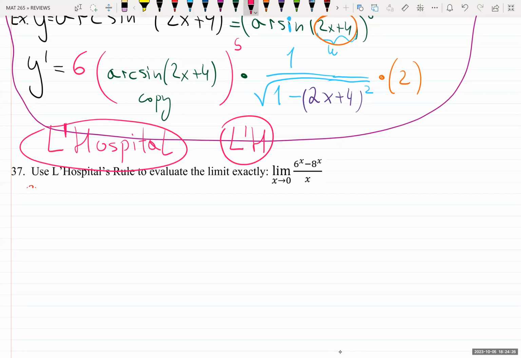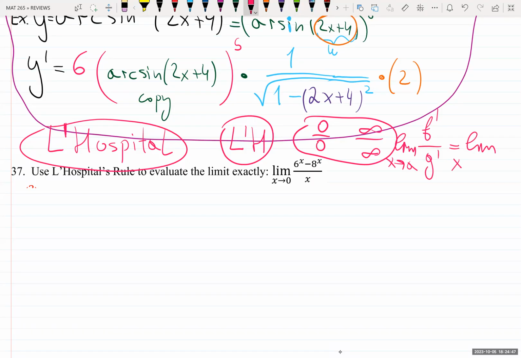L'Hopital rule only works when you have a 0 over 0 case or an infinity over infinity case. That's it. You cannot use it all the time. But if you can use it, you take the derivative of the function on top and the function on the bottom separately. And apparently when it's a limit, it doesn't matter, so it will be equal to the original limit as x approaches a of f over g.